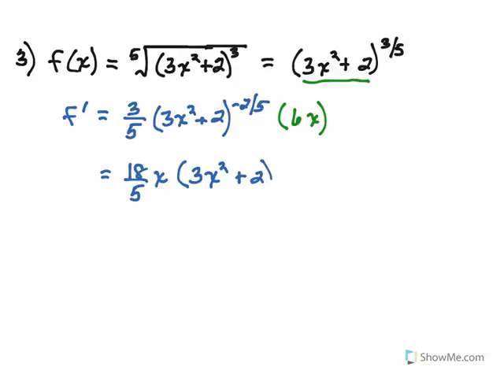That's perfectly fine. If you feel better bringing it to the denominator so as to rewrite it with a positive exponent, that's fine as well. So as long as you remember a few guidelines, the chain rule really isn't that hard. You want to remember one derivative at a time and just start on the outside and work your way in.